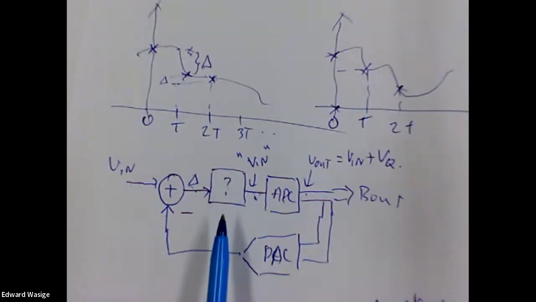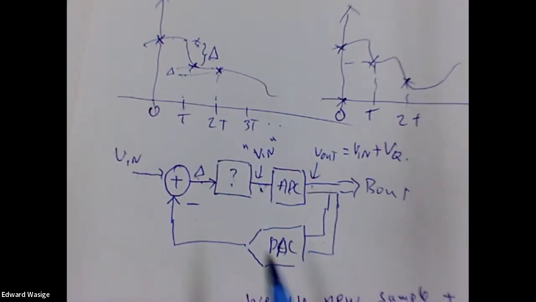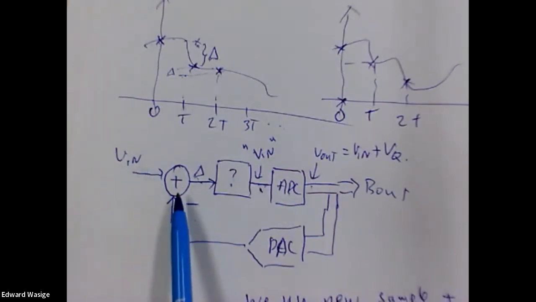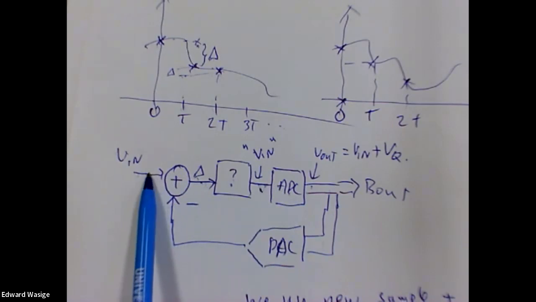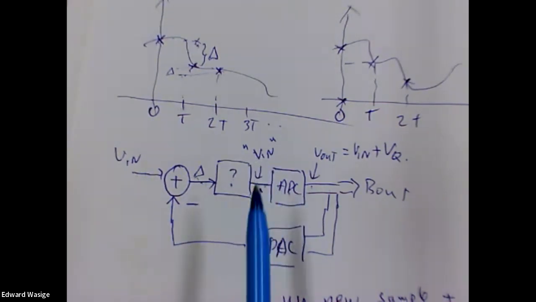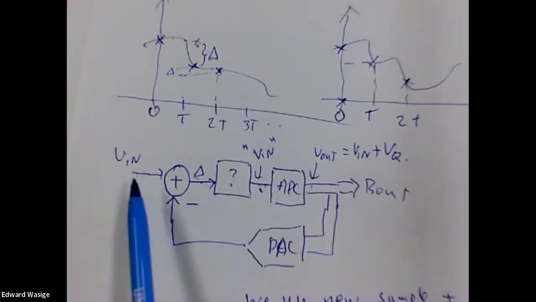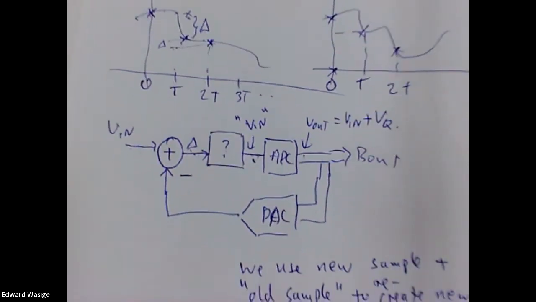So we have the previous sample, we have the new sample, we create the difference, and we add that up to create our new sample. So this V in and V in essentially they're the same, but we are creating V in because we've introduced feedback. We can't feed V in directly there. So we create V in indirectly from the feedback sample and the difference between the previous sample and the new sample, and we recreate it like that. Any other question or comment?